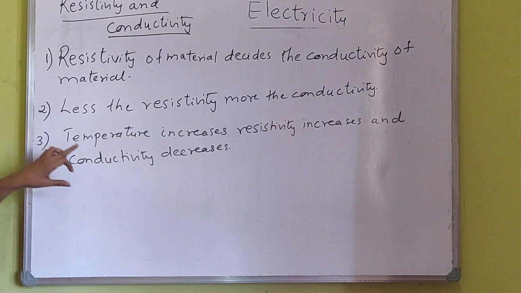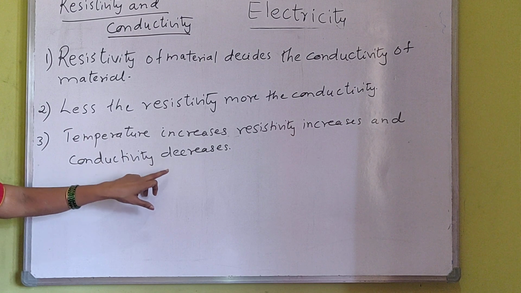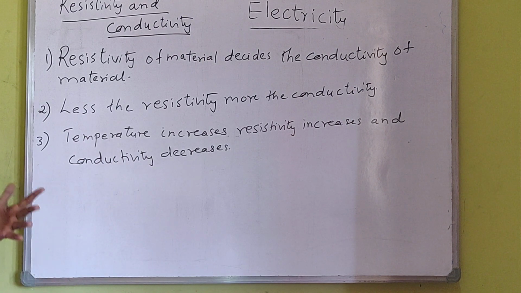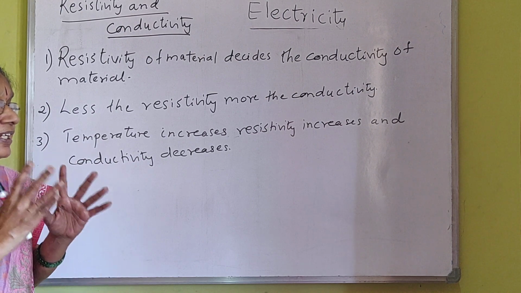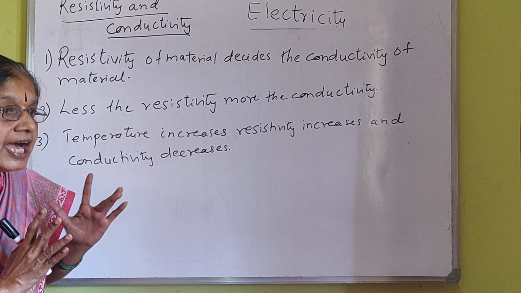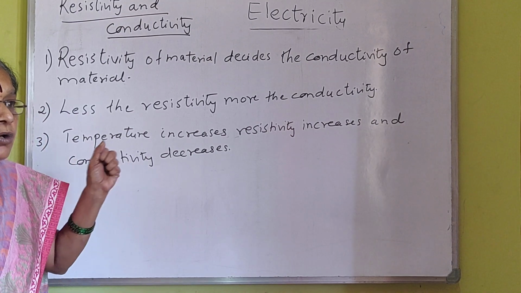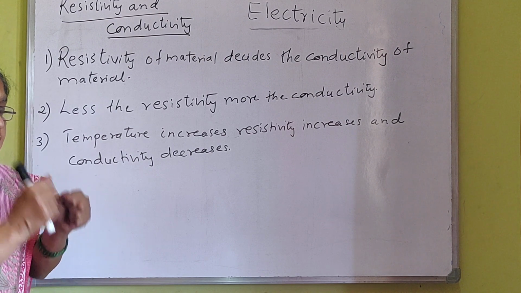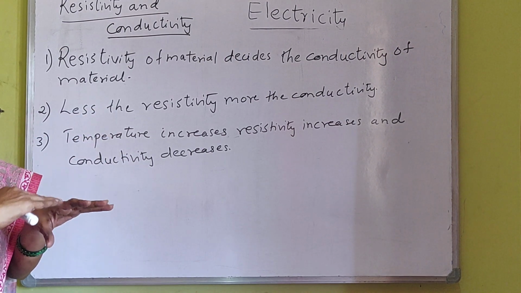Even the temperature affects resistivity and conductivity. As the temperature increases, the resistivity increases. I told you, because when temperature increases, the kinetic energy of the electrons increases. They start to move randomly, and when they move randomly, collisions occur. Due to the collisions, the charges cannot flow in a proper way.